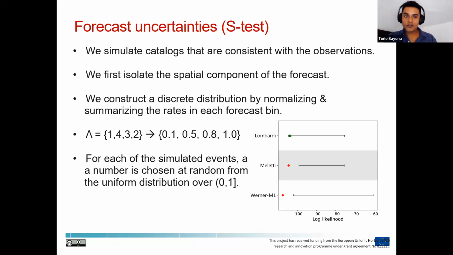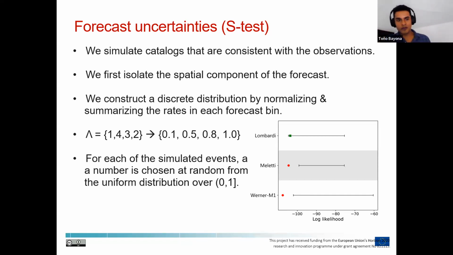Then we construct a discrete distribution by normalizing and summarizing the rates in each forecast. That is, we're constructing a function in which the first element has the number of earthquakes expected in the first cell, and the last cell is going to have the total number of earthquakes in the whole testing region.